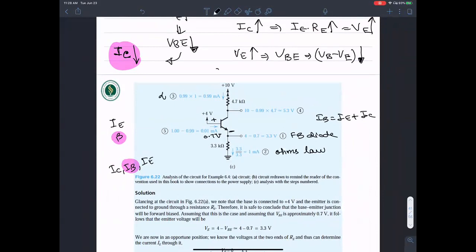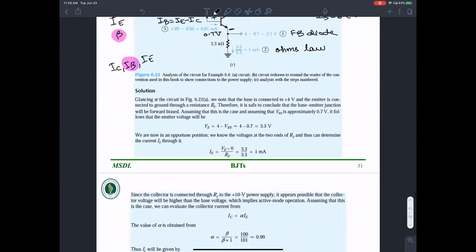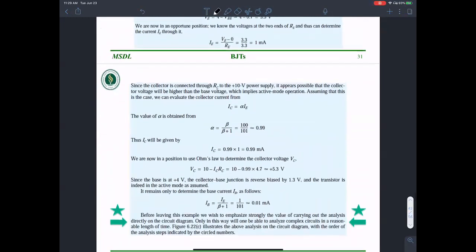Step number four is again Ohm's law. Step number five is the usage of beta, or the idea that IB is IE minus IC. So those are the steps. I welcome you to plug the numbers in and see how you can solve that.